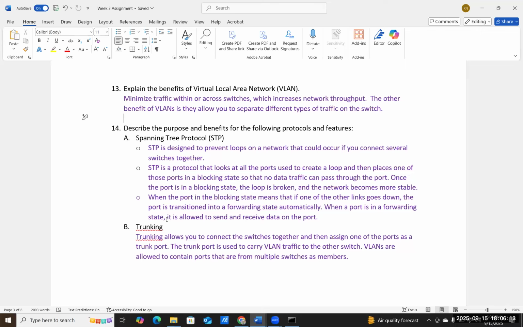So you have to configure it as a trunk port. Trunking is kind of an older technology, but you would still see it used in a lot of switches, and this port is used for VLANs specifically. You would configure your VLAN and set that port to trunk, and it's going to push all the VLAN traffic from the other switches to that port 20 that we specified.